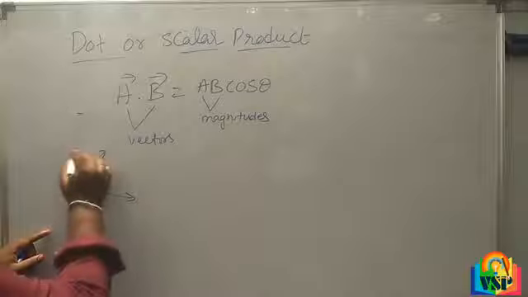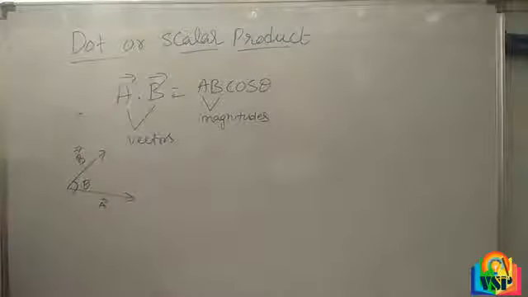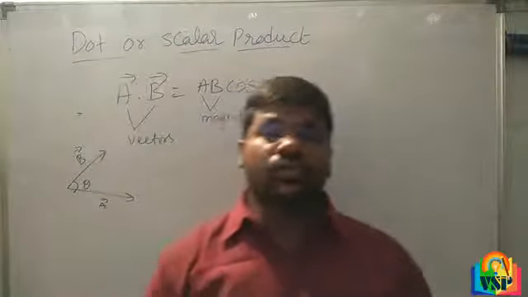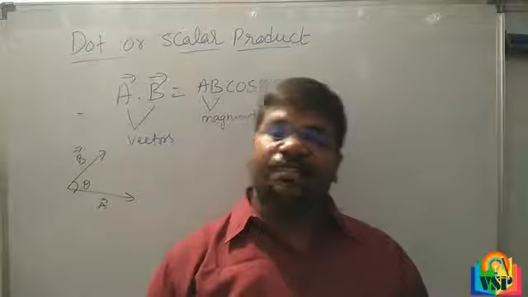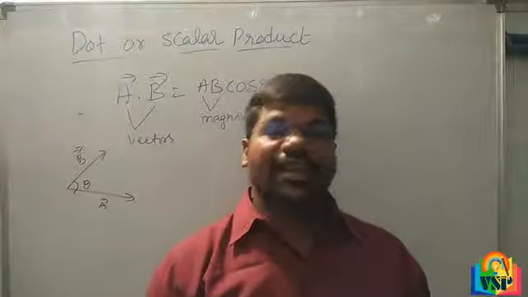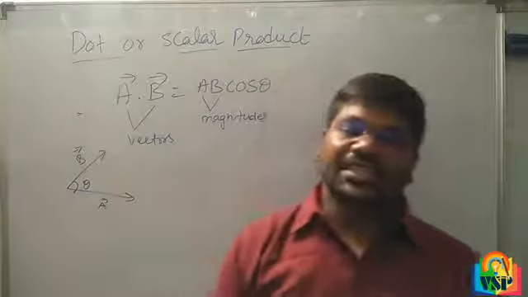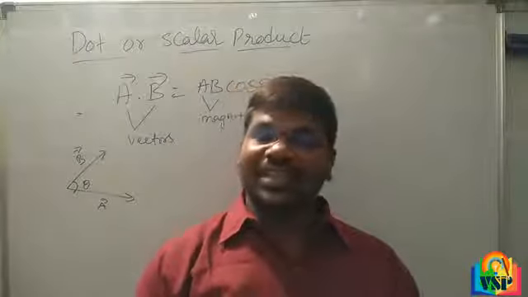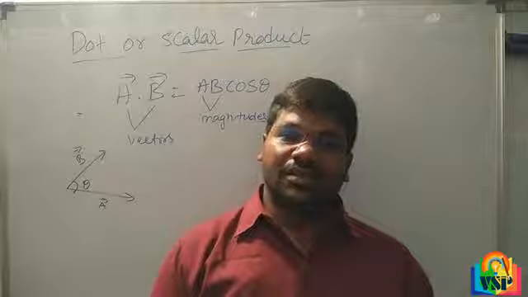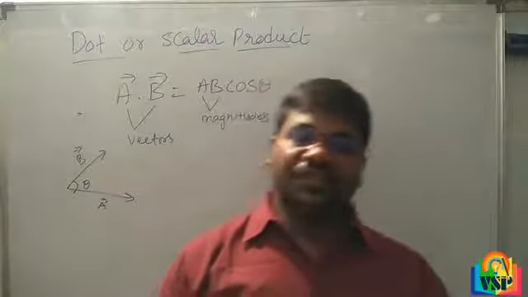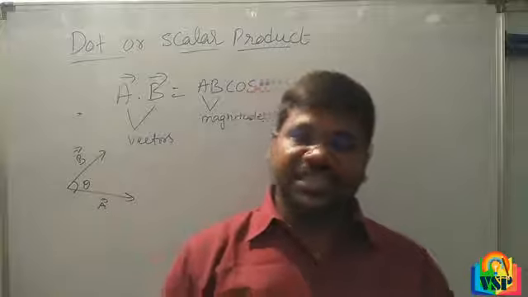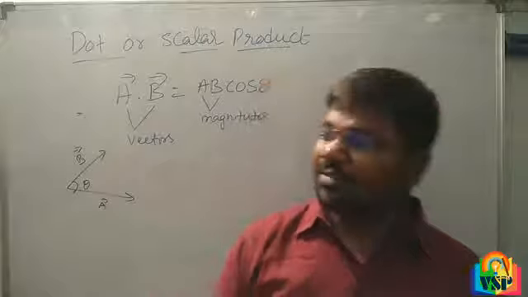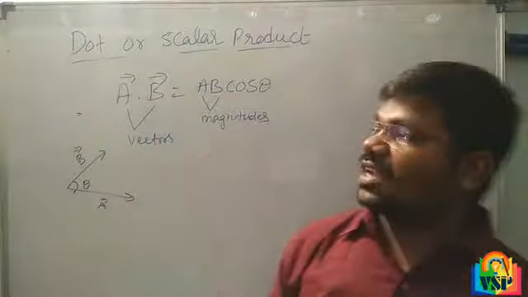Here we multiply two vectors, and the final result is a scalar. Understand? You know vector and scalar. If the resultant is a scalar when two vectors are multiplied, that type of product you can call dot or scalar product.